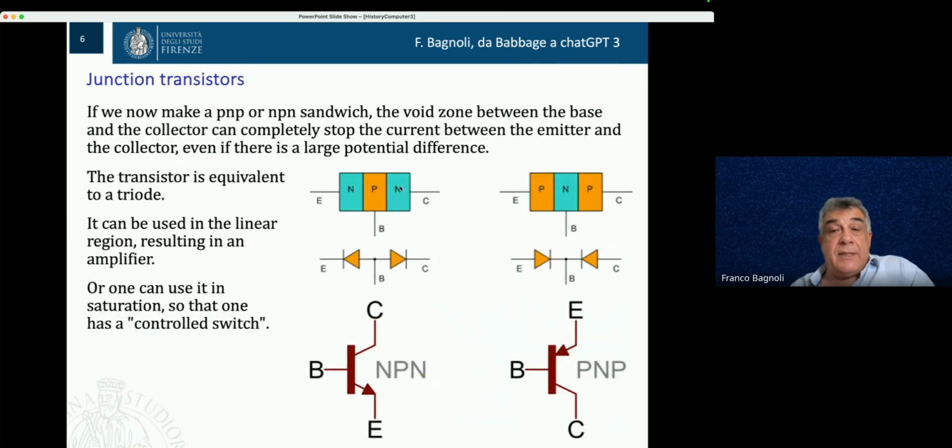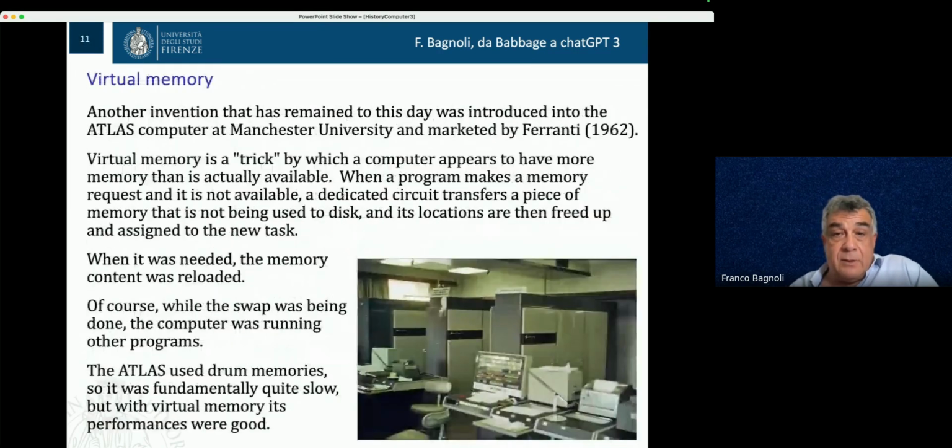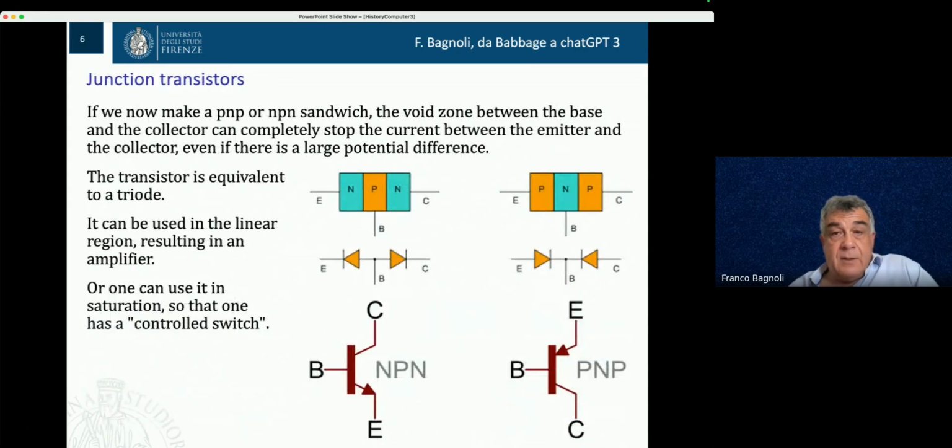And clearly, using two diodes in series, you can build a transistor. So essentially, a transistor works in this way. It is like having two different diodes in opposite directions. So in principle, no current should pass from either direction.